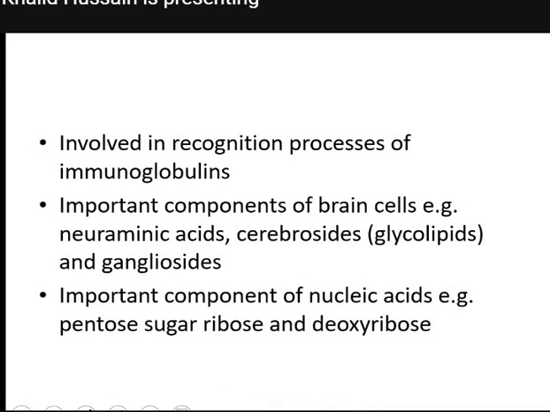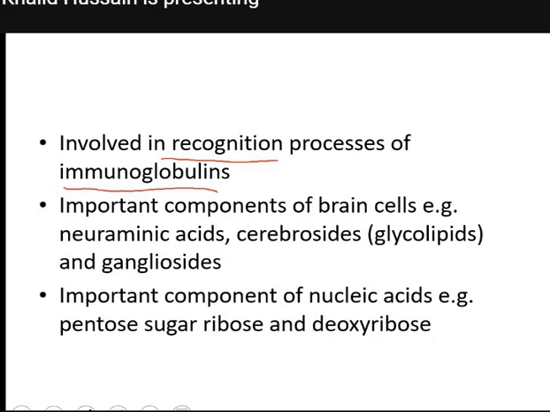Carbohydrates are involved in the recognition process of immunoglobulins. We know that antigens and antibodies recognize each other, and this recognition is due to the presence of carbohydrates. Different cells, antigens and antibodies recognize each other due to carbohydrates.